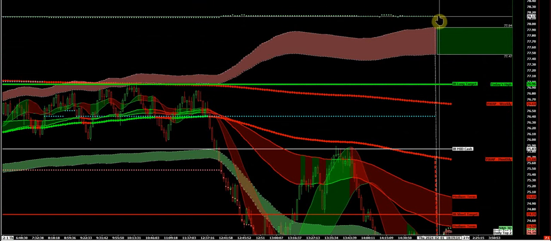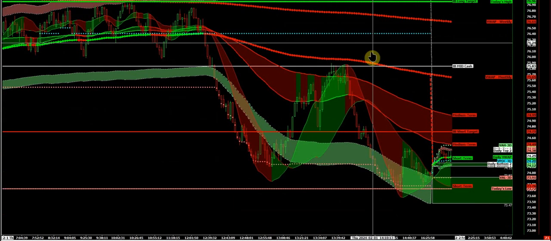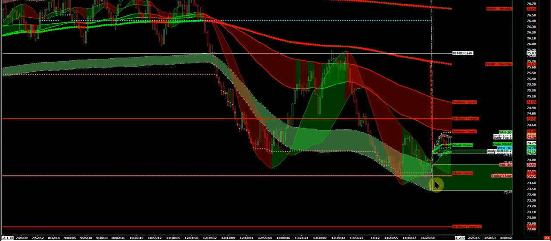If I'm going long, this is what I'm targeting up here. If I'm going short, this is where my initial target would be, say for example right in this low. If it busts today's low, I would target 73.47 as one target, and then 72.84 as another short target.